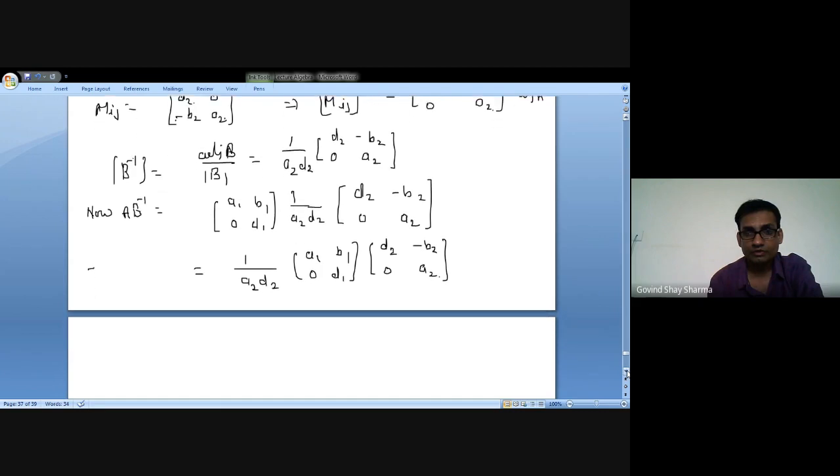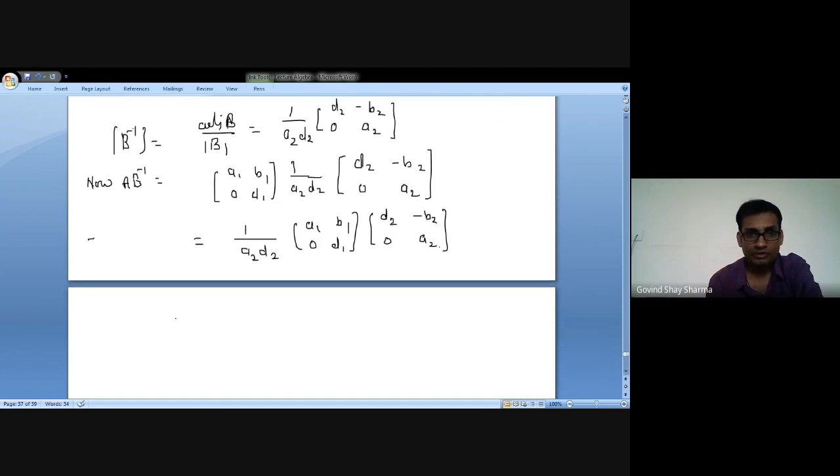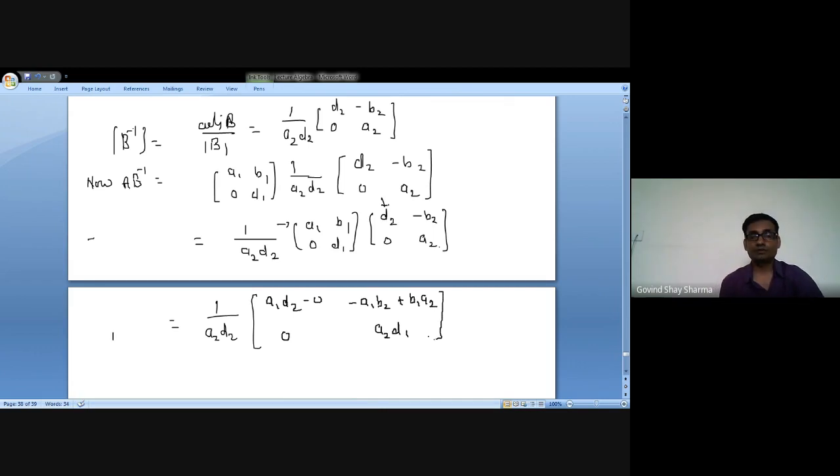Now we will solve this by matrix multiplication: this row, this column, a1 d2 minus 0; then minus a1 b2 plus b1 a2; then 0, and d1 a2.